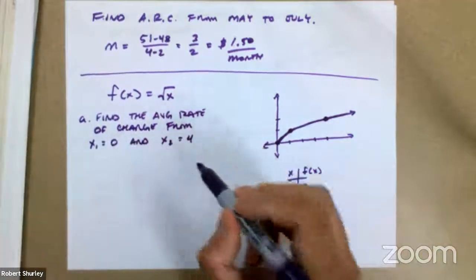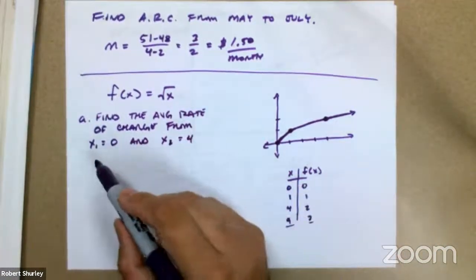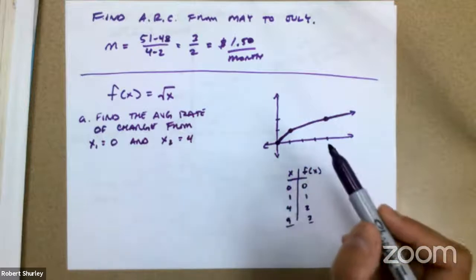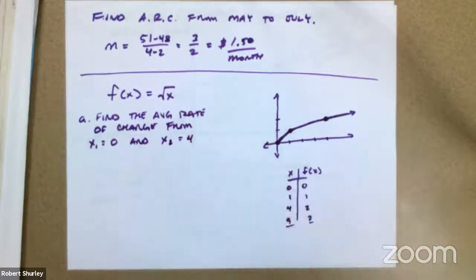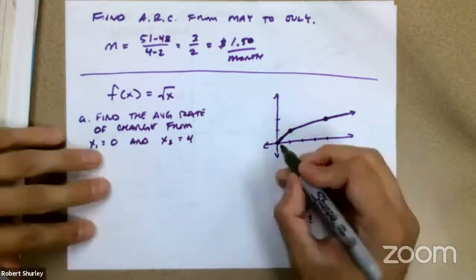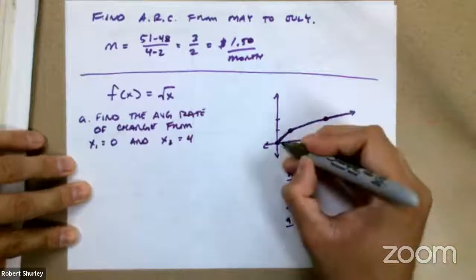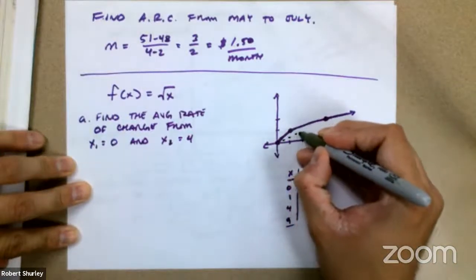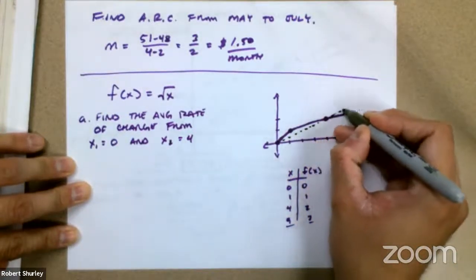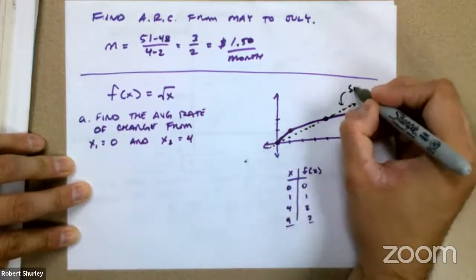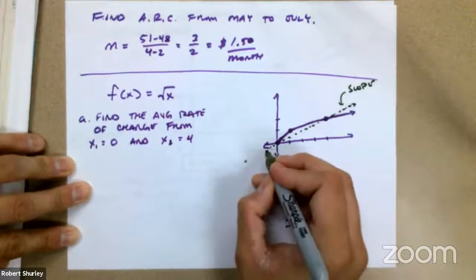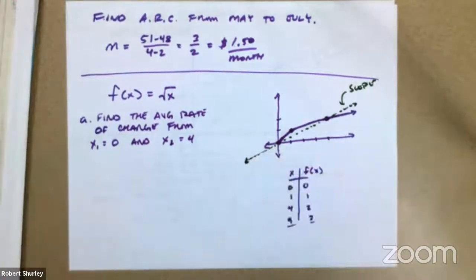Find the average rate of change from x1 equals 0 to x2 equals 4. So what we're finding, let's graph this now. If I want to go from 0 to 4, what I'm finding is the slope of this secant line, okay? I want to find the slope of that secant line.